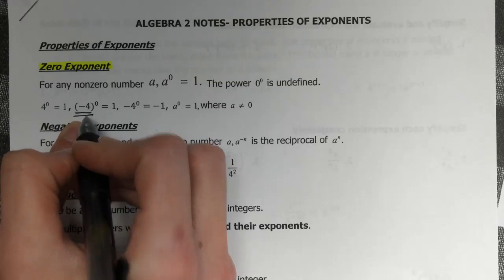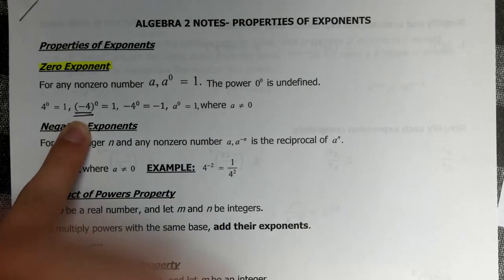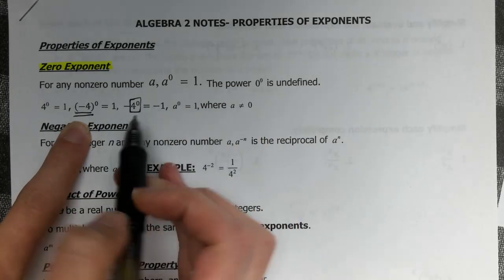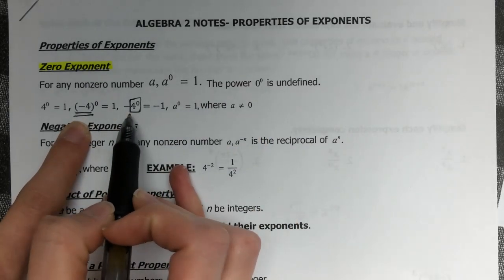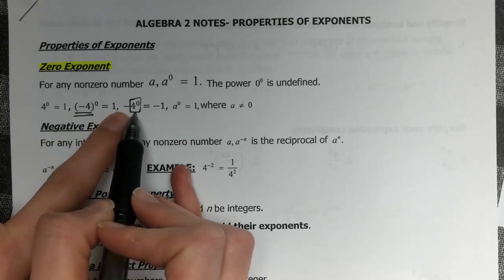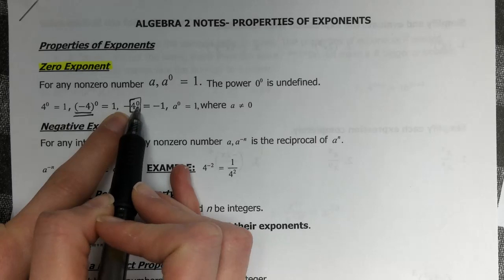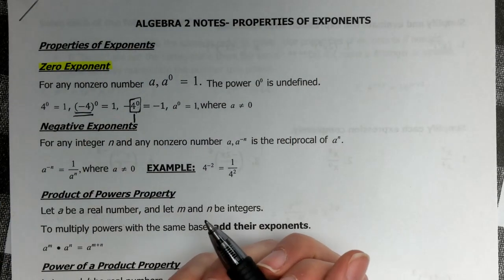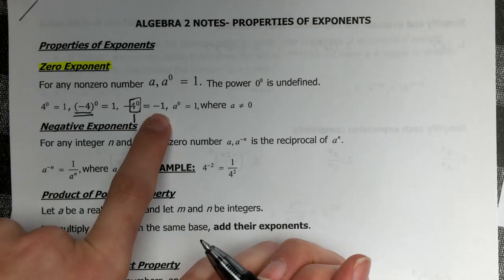That's your base, okay? But like she said, you've got a negative that's being multiplied right here. If it is not inside parentheses, then that 0 only goes to what's directly in front. So that 4 to the 0 power is absolutely 1. But my negative is on the outside of that, and so that's how you get a negative 1.